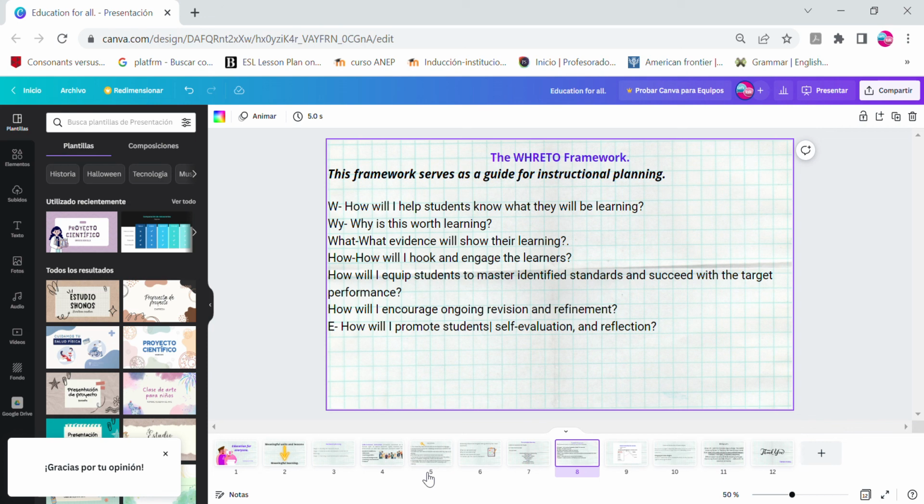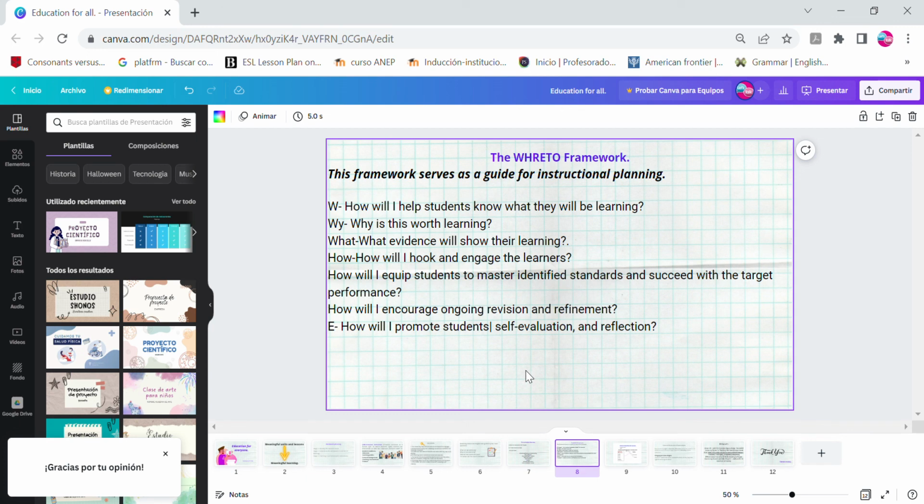For example, how will I help students know what they will be learning? This is a very difficult question to answer. We need to plan how we are going to guide them through different tasks, activities, or assessments. So it's a big work.